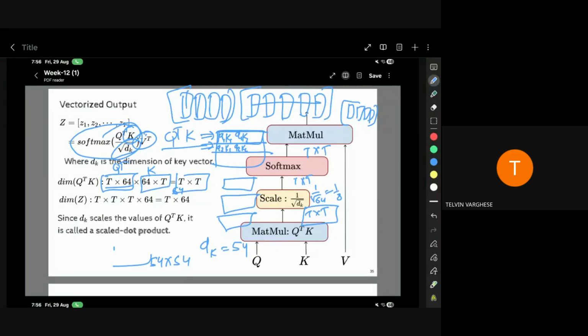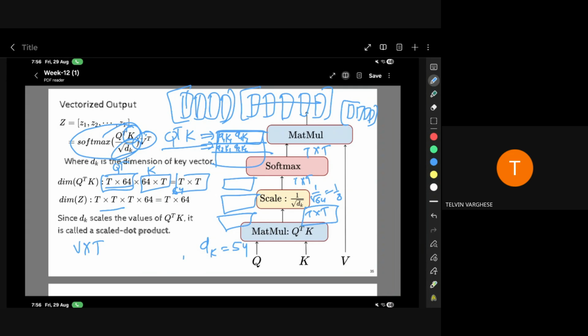Again, T cross T. Now the T cross T you have to multiply with the V transpose. Again, maybe you can take any different dimension also. Some V dimension you can take, and the number of columns will be T in that.